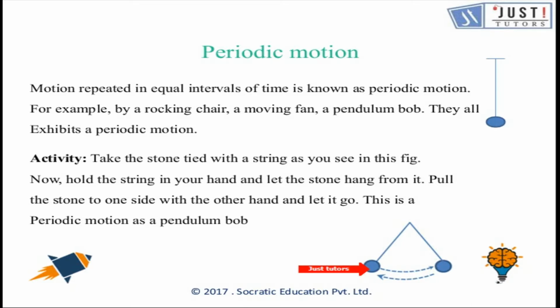Now pull the stone to one side and try and observe the movement of the stone with respect to the point from where you're holding the string. This motion is same as that of a pendulum bob and is referred to as periodic motion.